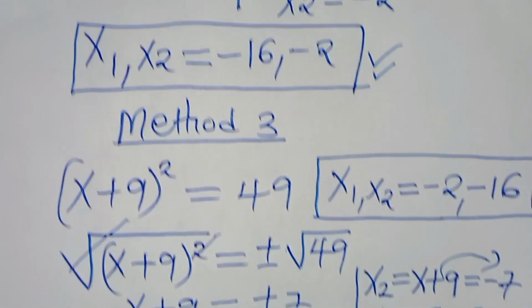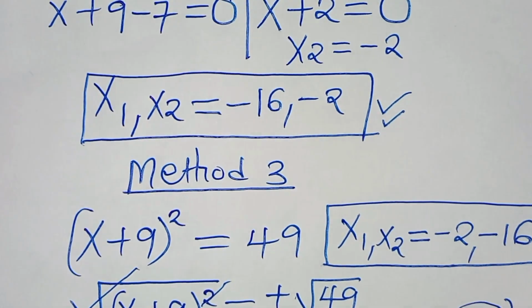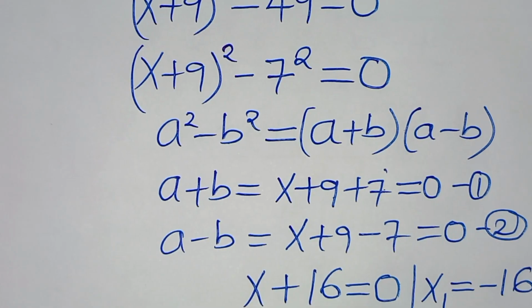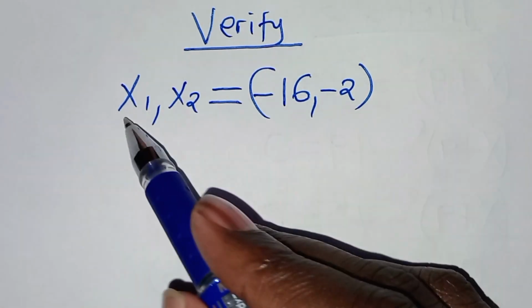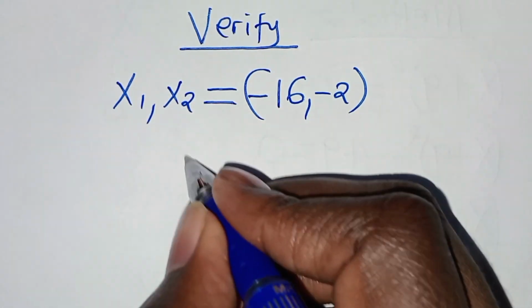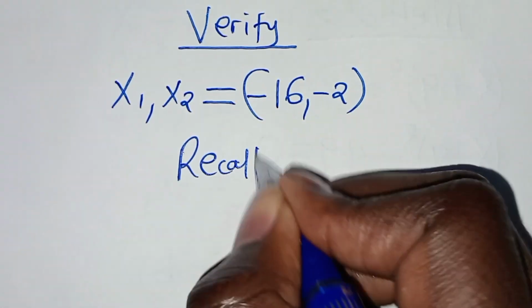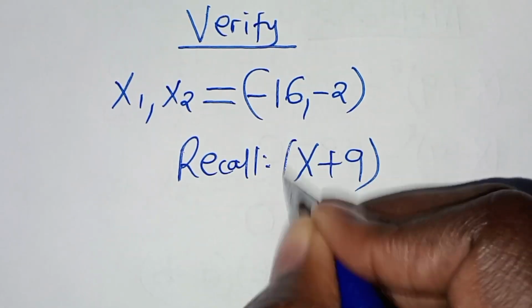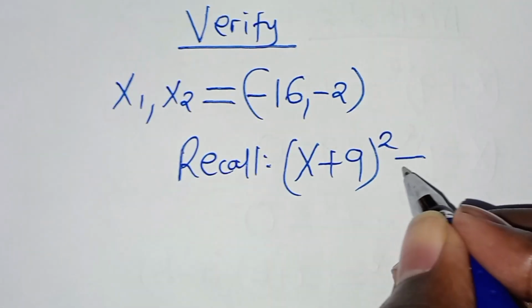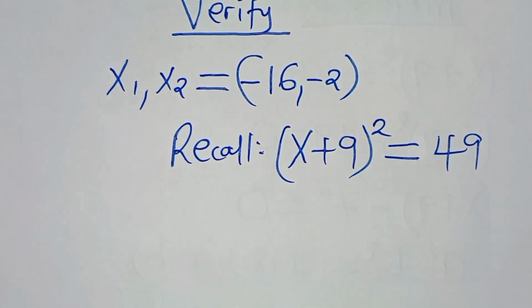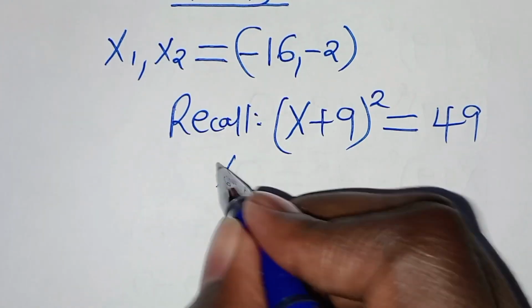So let's verify that this set of solution satisfies the equation. Let's verify that x1 and x2 satisfies the equation. Now, if you recall, we have the equation as x plus 9 raised to power 2. This is supposed to give us a value of 49. Now, let's start with x1.